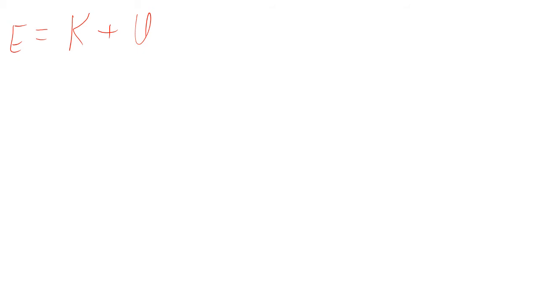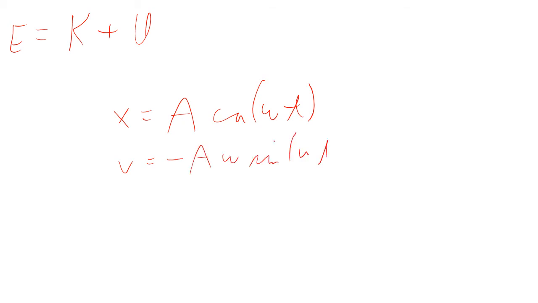Okay, well, if x is some A cosine omega t, then v is going to be minus A omega sine omega t.